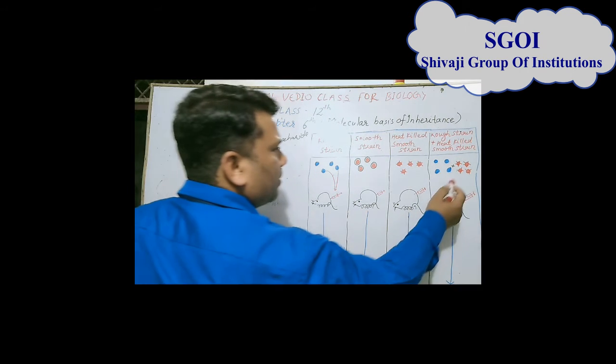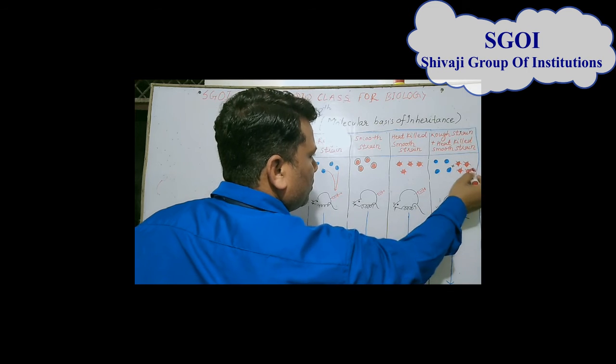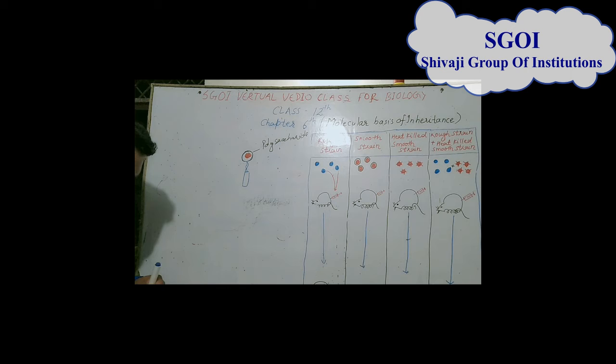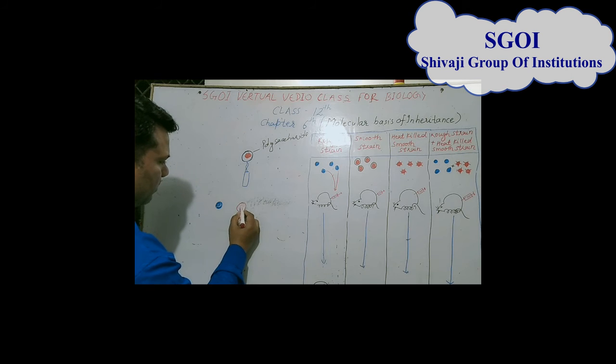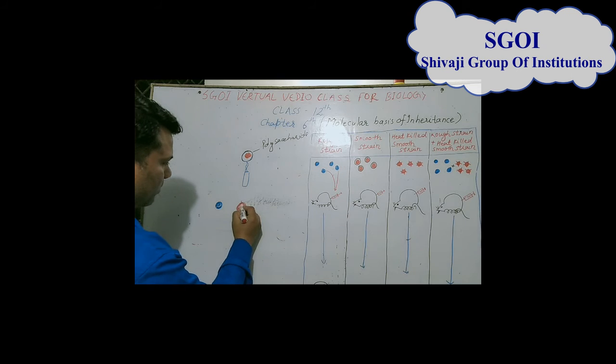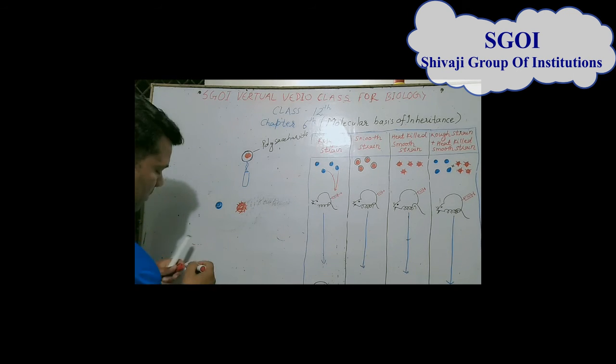But what happened when the heat killed smooth strain is mixed with rough strain? This is the rough strain and this is the smooth strain. Something passes from it.